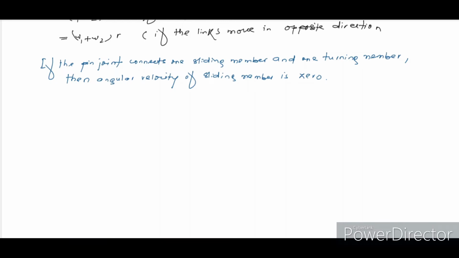If the pin joint connects one sliding member and another turning member, then the angular velocity of the sliding member will obviously be 0 because there is no angular movement here.